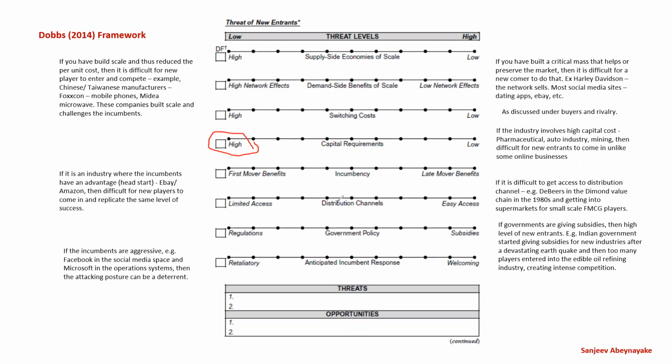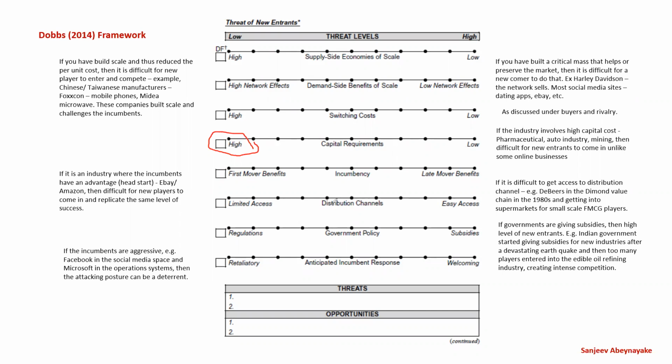Then distribution channels. Sometimes if the products are distributed through highly specialized channels, you might find it very difficult to break through into a particular industry. Let's say you are talking about military hardware or military equipment, then the distribution will happen through highly specialized channels, so it might be very difficult to move into those.